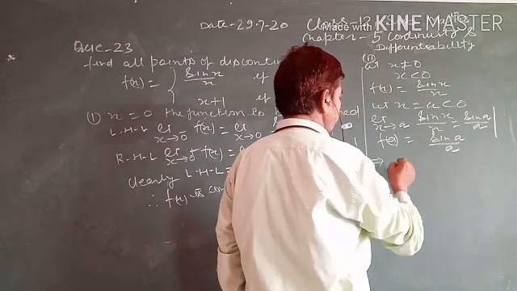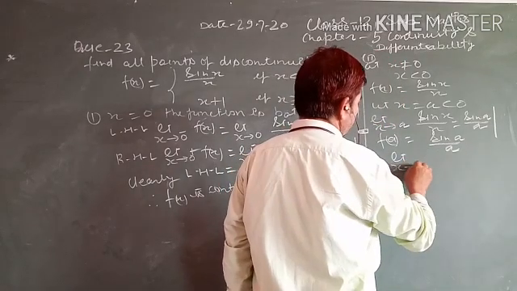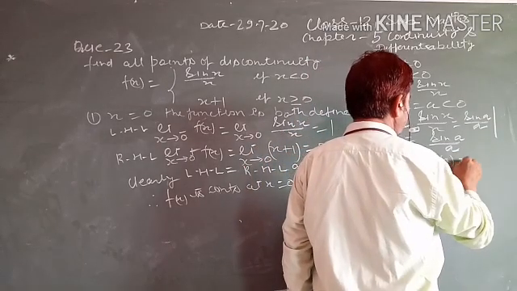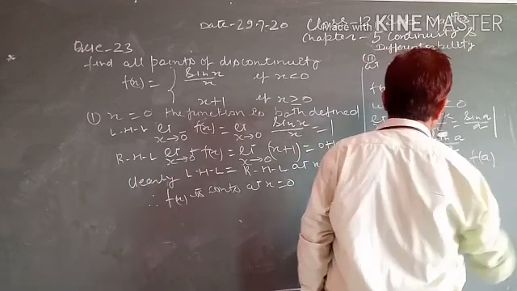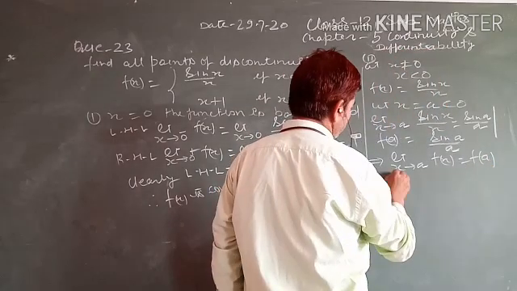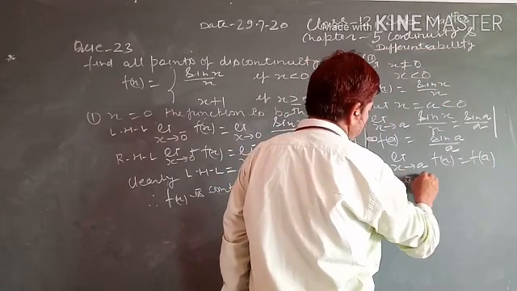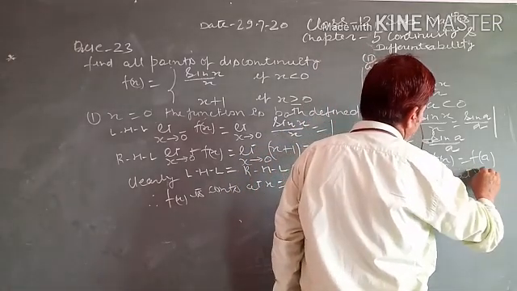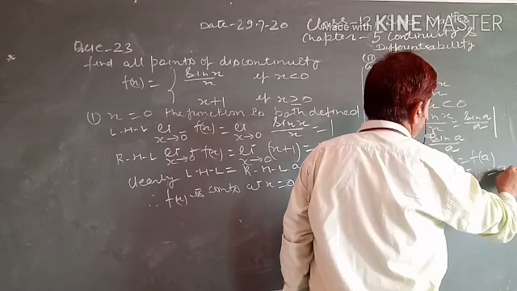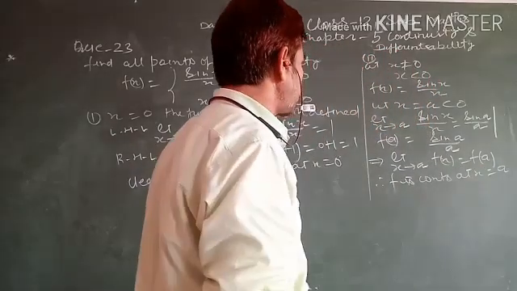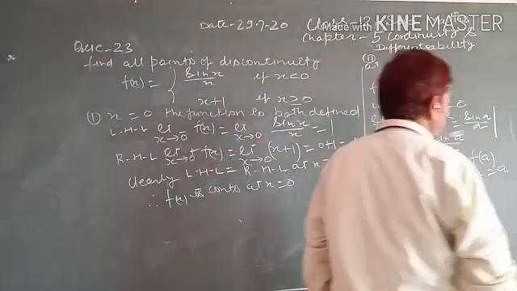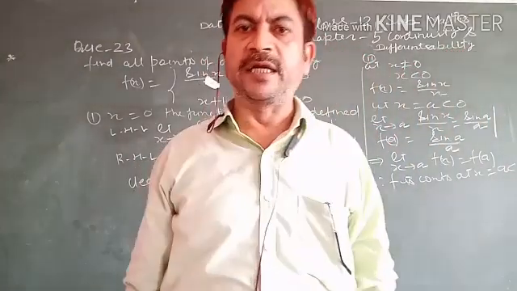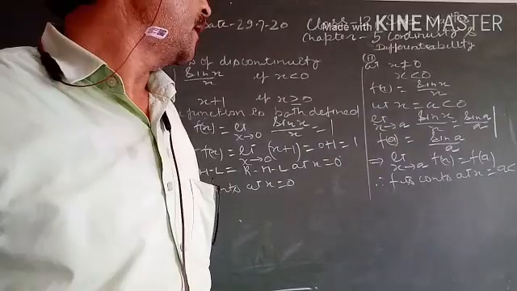Clearly, this implies limit x tends to a, f(x) is equal to f(a). Therefore, f is continuous at x equal to a less than 0.